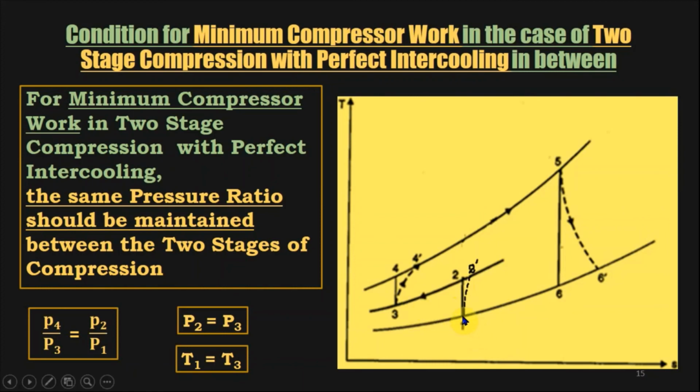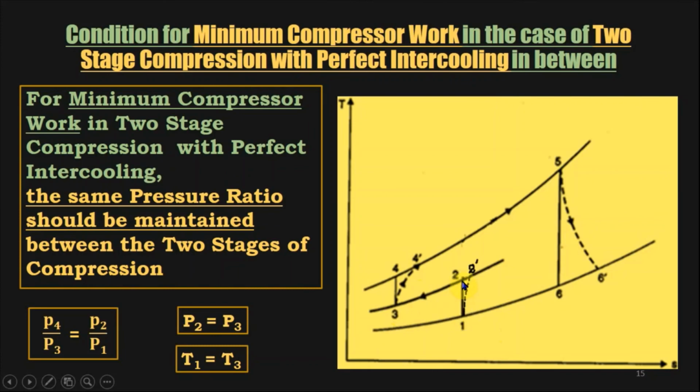Here the first stage compression is 1 to 2', 2' to 3 is the intercooling process, and 3 to 4' is the actual compression in the second stage. The pressure ratio in the first stage is P2 by P1. In fact, P2 is the same as P2', which is equal to P3. So P2 by P1 or P3 by P1 is the first stage pressure ratio, and the second stage pressure ratio is P4 by P3, the same as P4' by P3.